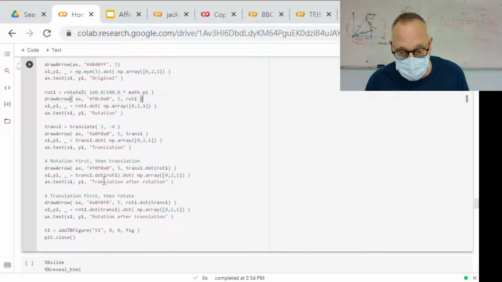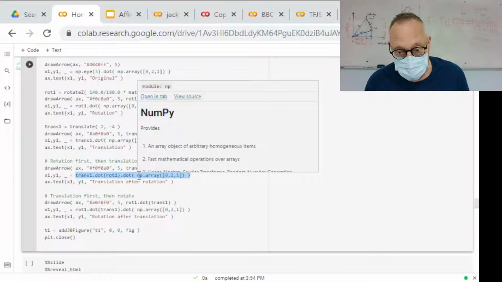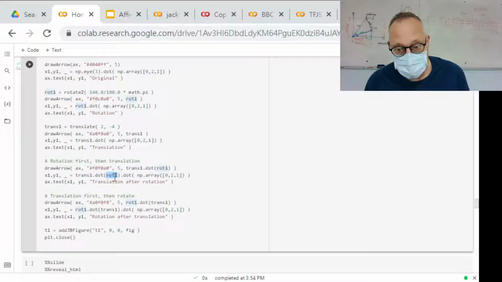Now remember, if you look at the code here, if I want to do the rotation first, then I do the translation.